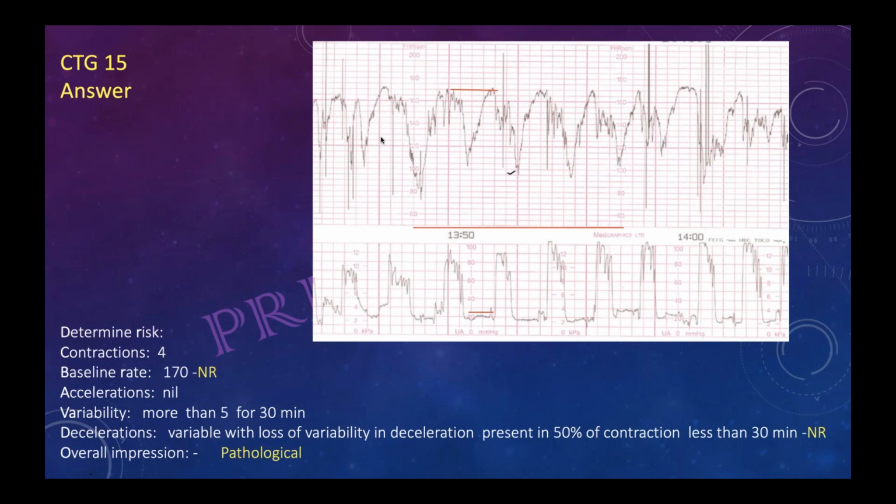We will take that as an abnormal feature. Is it clear? So if it is present more than 50% of the contraction, so less than 30 minutes will be NR feature. But if they are present lesser than 50%, then more than 30 minutes will be an NR feature. Is it clear?